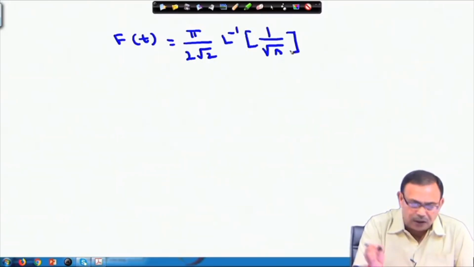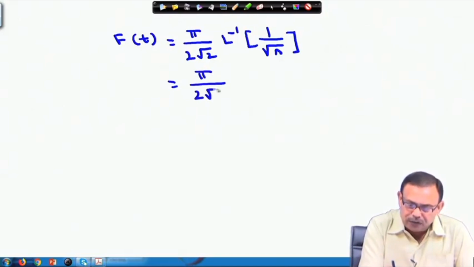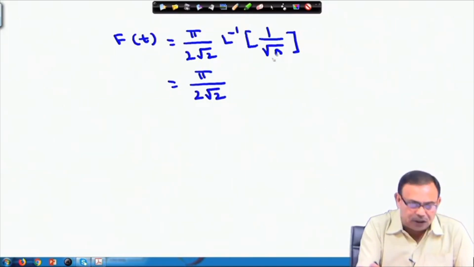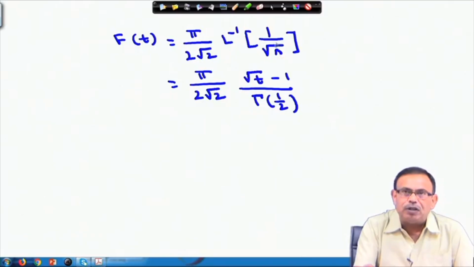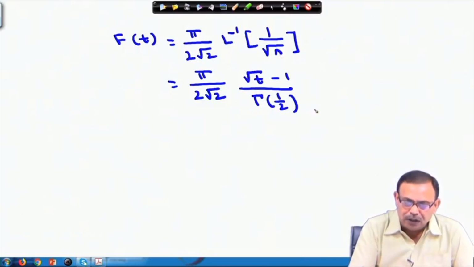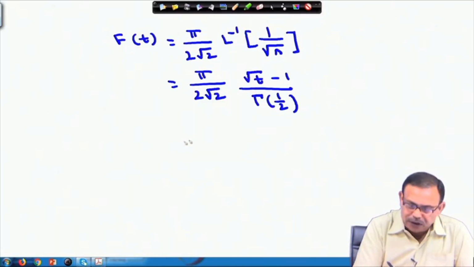And once I am getting this, I know the value corresponding to this: the Laplace inverse of 1 by root s is t to the power minus 1 by 2 over gamma half.